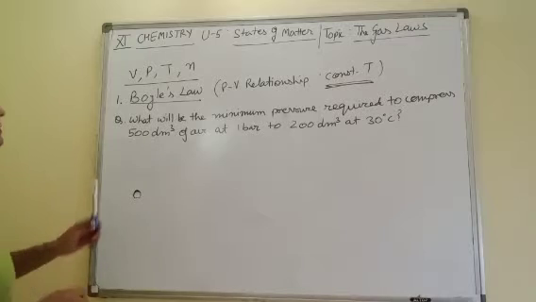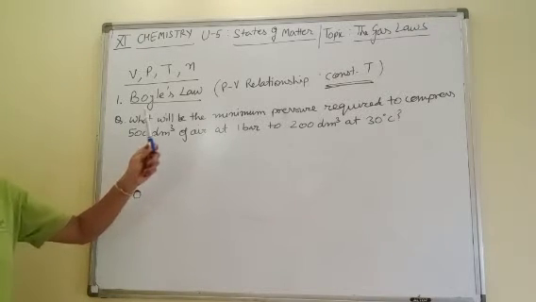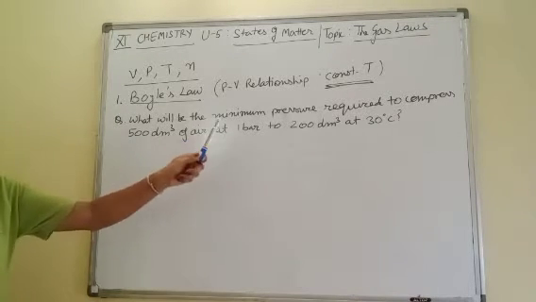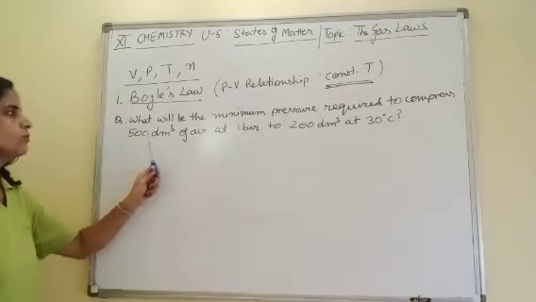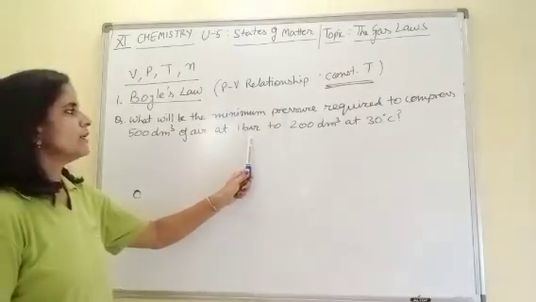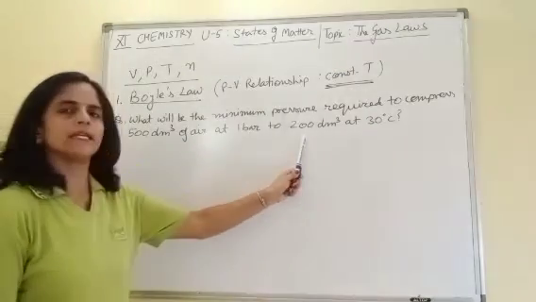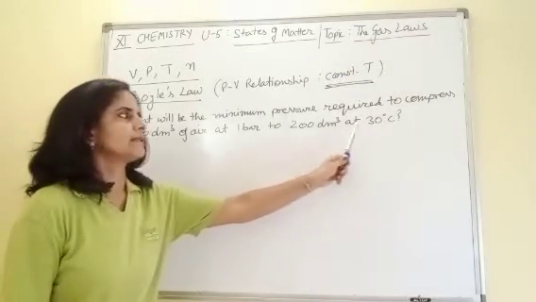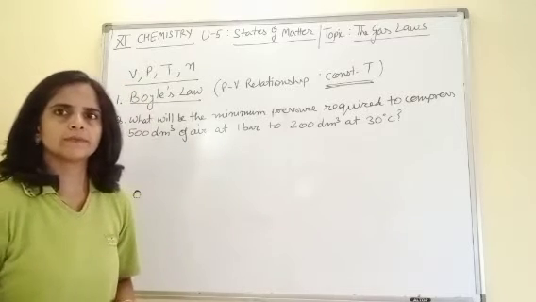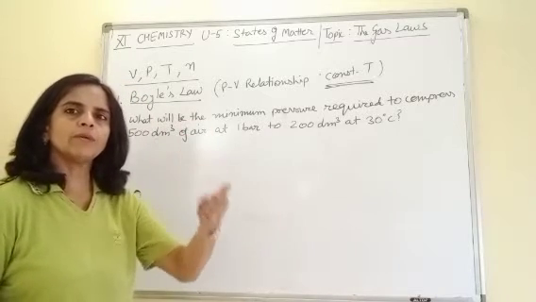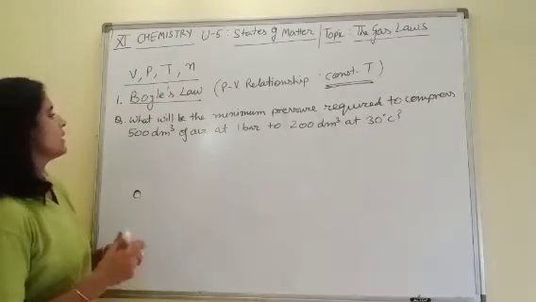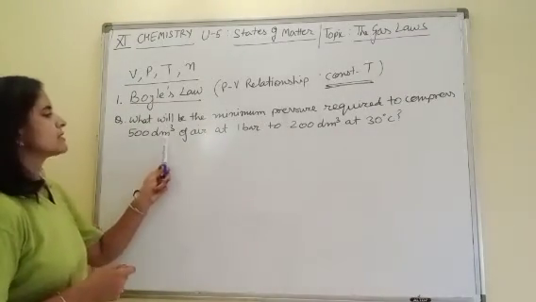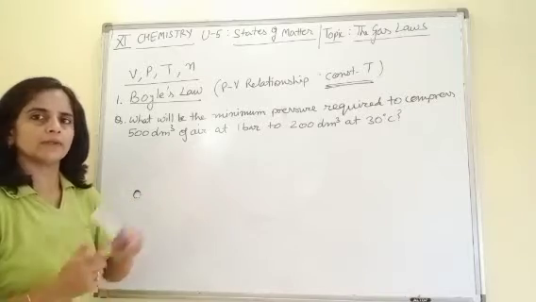Yes, the question is, what will be the minimum pressure required to compress 500 decimeter cube of air at 1 bar to 200 decimeter cube at 30 degrees Celsius? So children, note down what all parameters are given to us. The first parameter given to us is 500 decimeter cube of air.